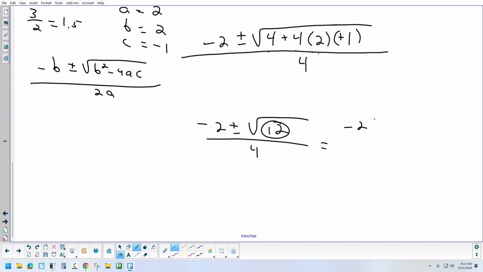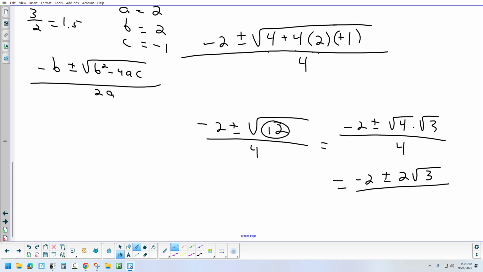Yep. So let's break it up into 4 times 3, because 4 times 3 is 12. And what's the square root of 4? 2. So I get negative 2 plus or minus 2 root 3, over 4.